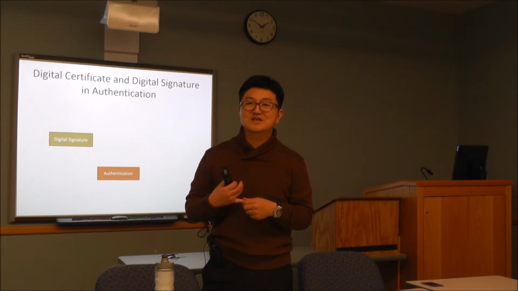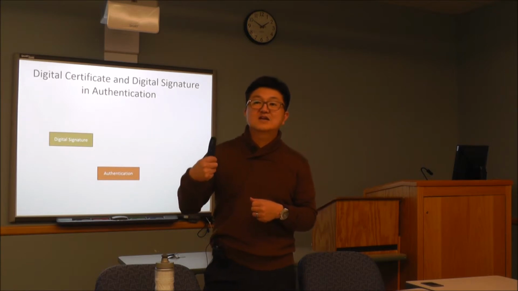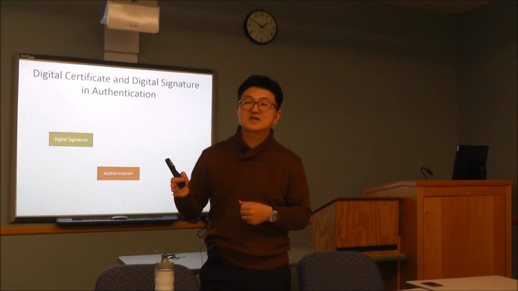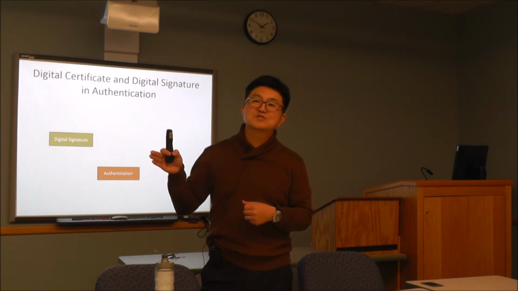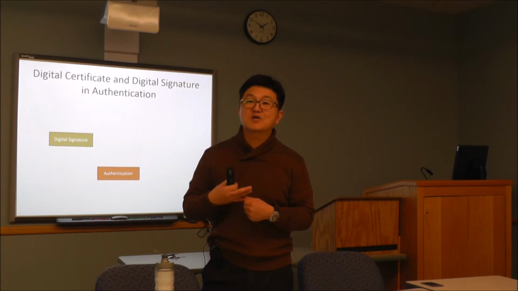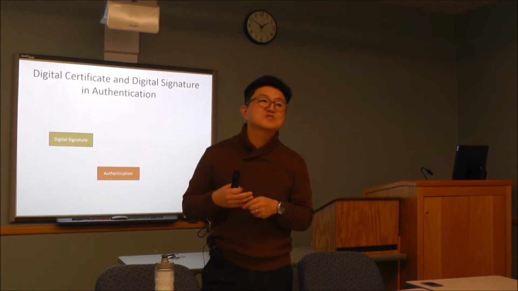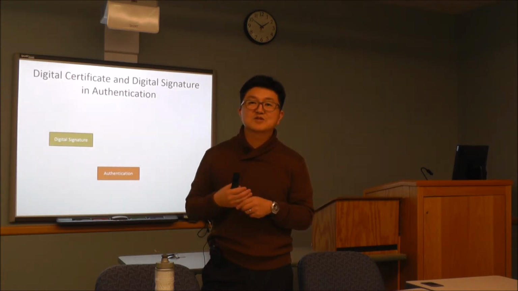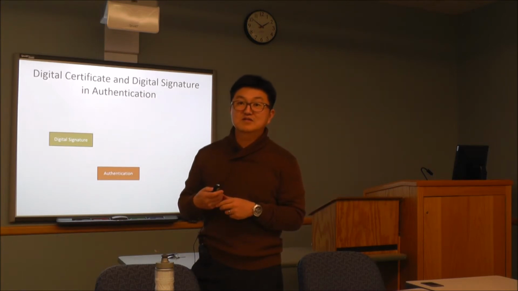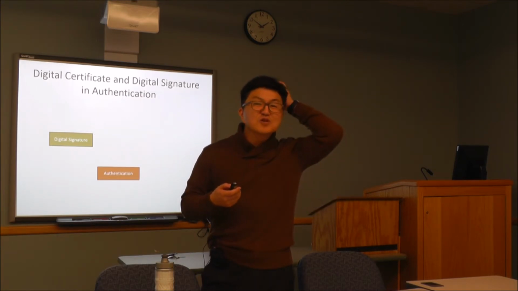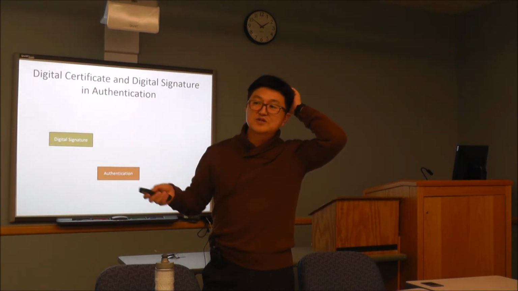We can authenticate the person because now we have the certificate authority saying that the only person who could sign this document is that person, because that's the only person who owns the public key and the private key, right? Does that make sense? So authentication doesn't work until you actually have the certificate authority in the picture.